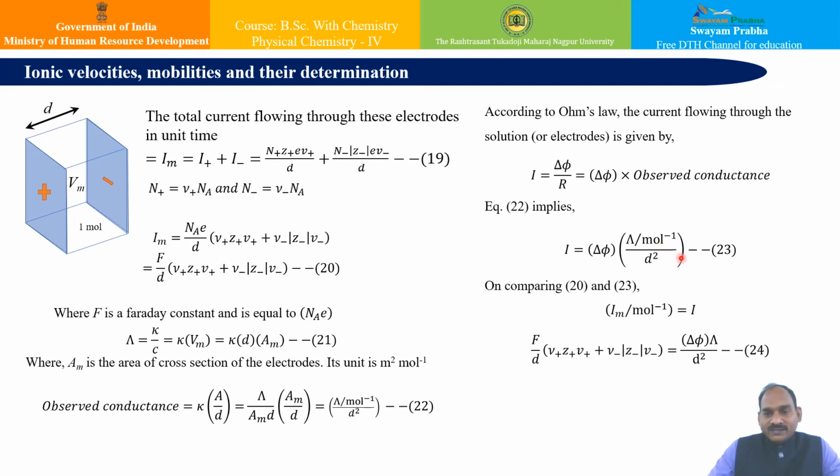Now on comparing this expression with the other, I get the molar current per mole is equal to I, and therefore F upon D into nu plus Z plus V plus plus nu minus Z minus V minus, and therefore I get expression number 24, that is delta phi into lambda upon D square.